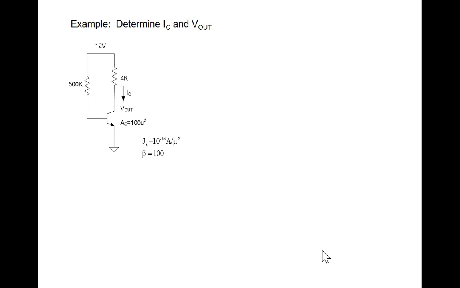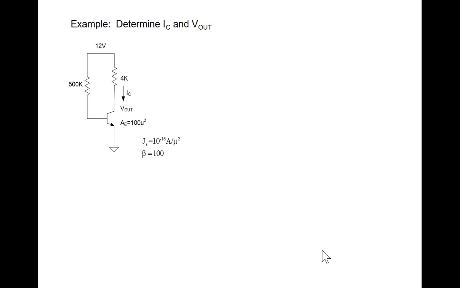The model parameters in this are JS and beta, right? Since we didn't have to use JS here, that means this circuit is not sensitive to JS. As a designer, it's not as sensitive to the emitter area. That's kind of a bummer.